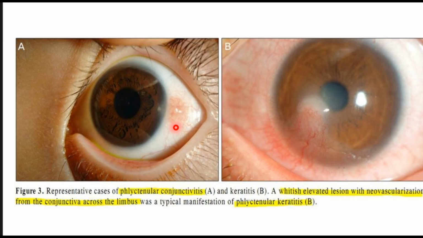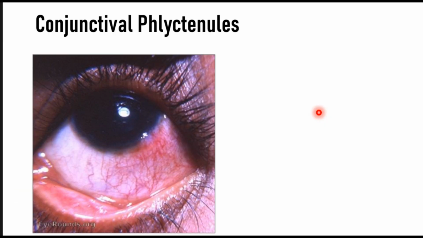Here you can see the lesion limited to the conjunctiva. So this is phlyctenular conjunctivitis. Here you can see the phlyctenule present in the cornea with a leash of vessels here. All these leash of vessels or vascularization is pretty common with whitish elevated lesion in this phlyctenular keratoconjunctivitis.